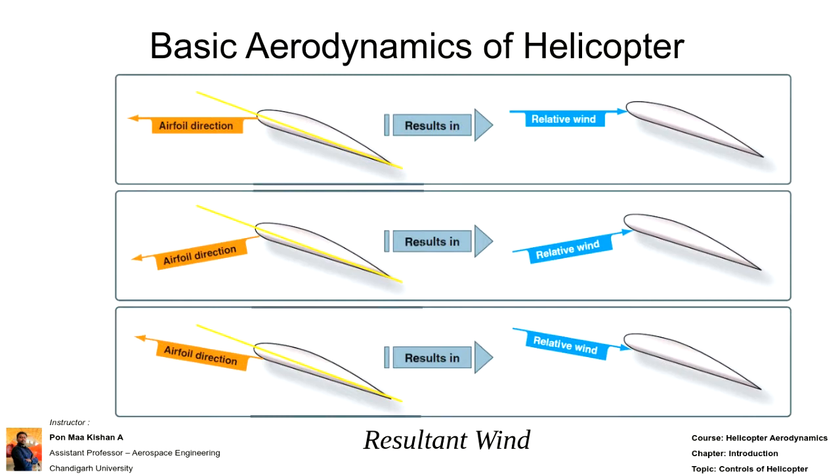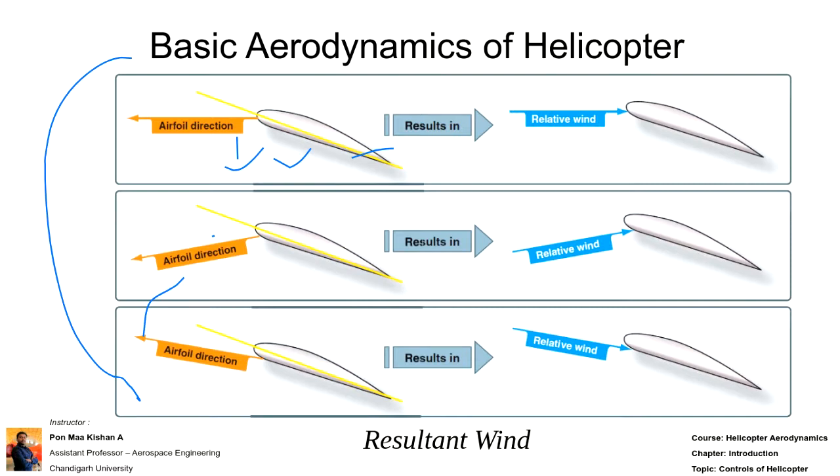That's why we have given three cases on how to identify the basic helicopter relative wind direction. If the angle is changing but the helicopter is moving in a different direction, let's say this is the rotor blade. If I am pitching down, initially my rotor blade is like this, and now I have pitched down.